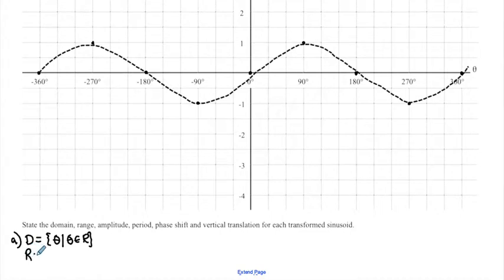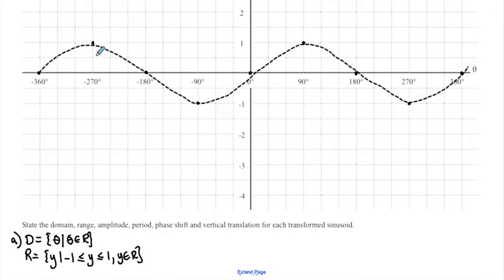Then we have the range. The range is the values of y. So it's the set of y such that -1 is less than or equal to y, which is less than or equal to +1, and y is also an element of the real numbers. So that's the domain and range.